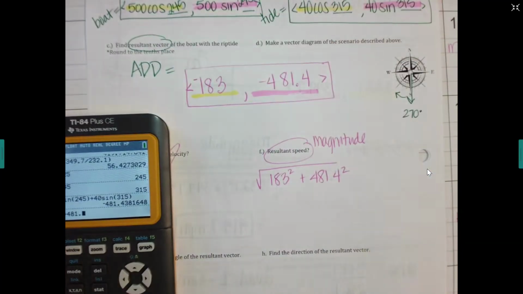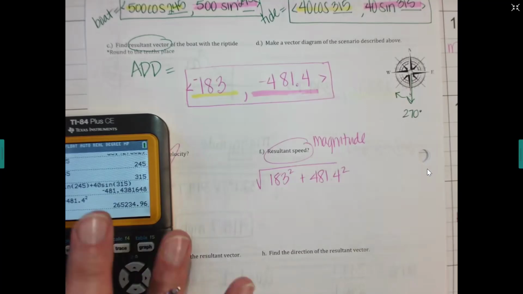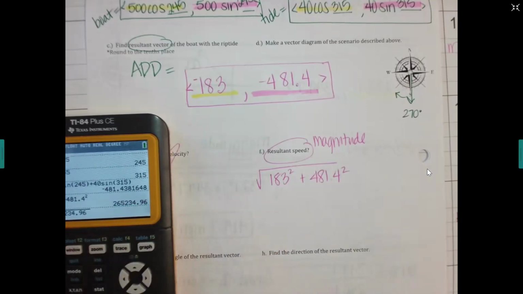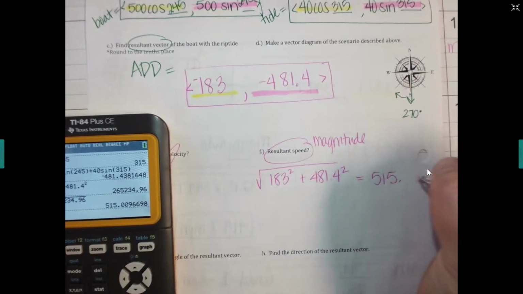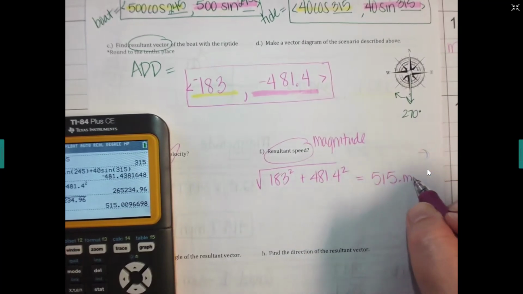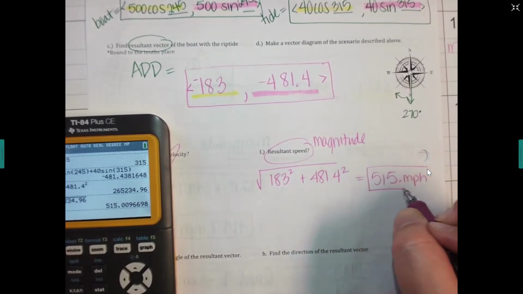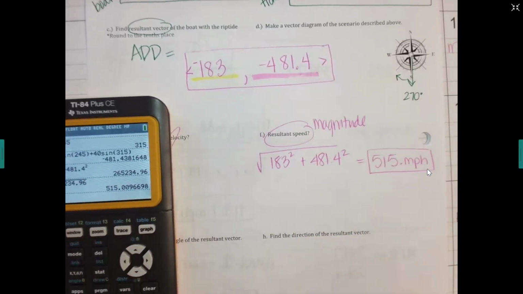Oh, okay, thank you. For here, it doesn't matter, but up here it will. So 183 squared plus 481 squared, take the square root, and I got 515. So in this case, because the riptide is also going south with the boat, instead of it only going 500, it ends up actually hitting a speed of 515.